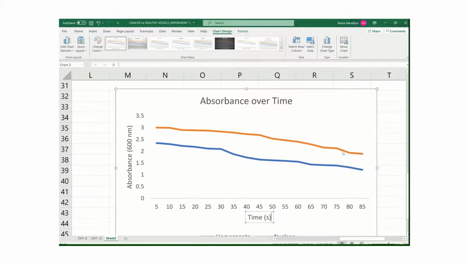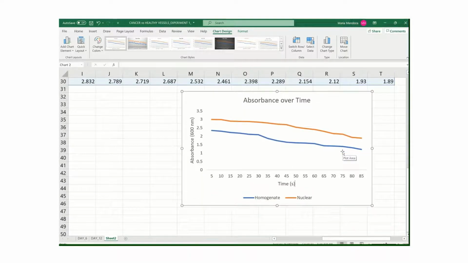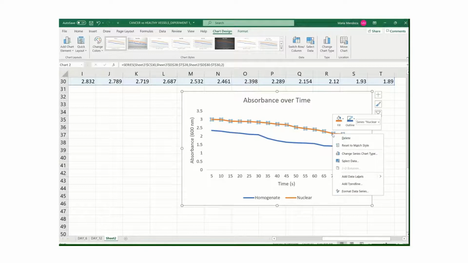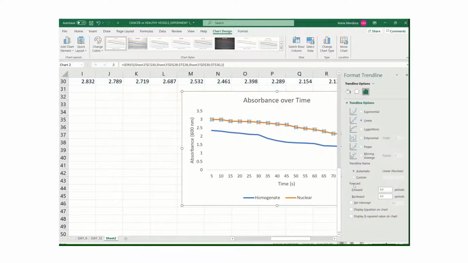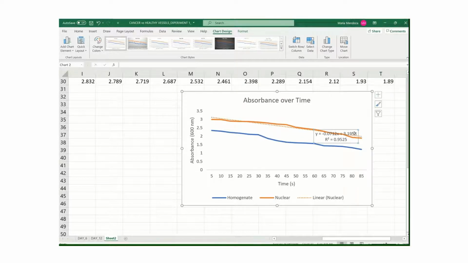And then what you do is, we need more information. So we go to the line, and then I think you right click, and you can say add trend line, and then display R squared value on chart and display equation. Okay, so we're going to do that for each line.